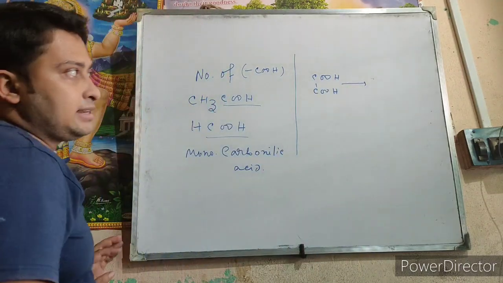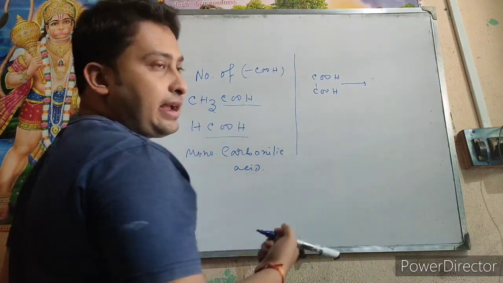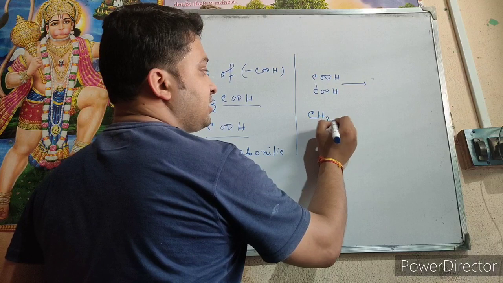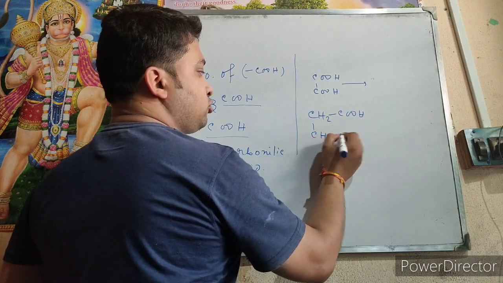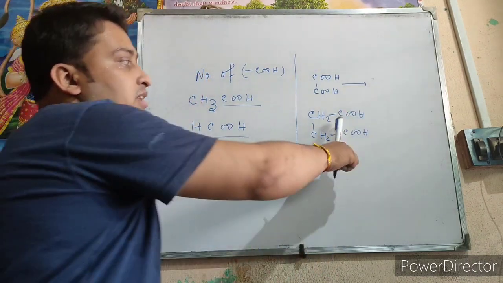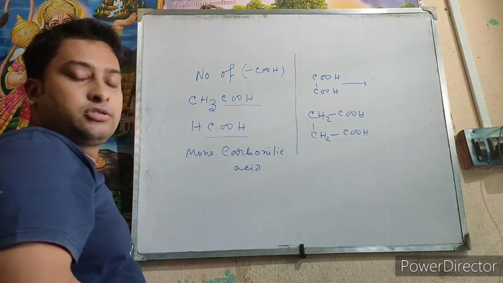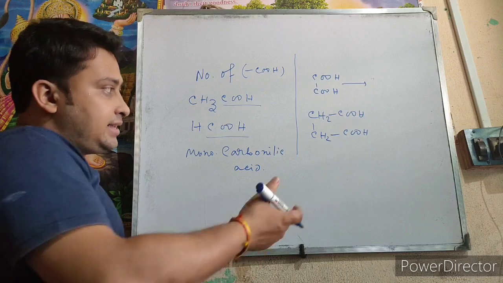So the number of COOH equals 2, that's why it is called dicarboxylic acid. Or you can write CH2COOH, CH2COOH. This is also the number of COOH equal to 2, that's why succinic acid is also called a dicarboxylic acid compound. It's an easy fact.